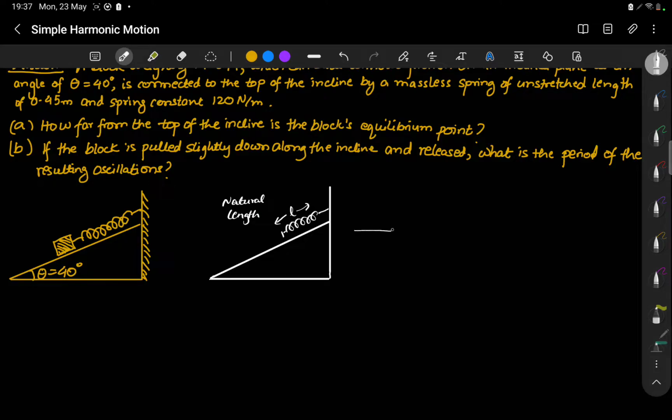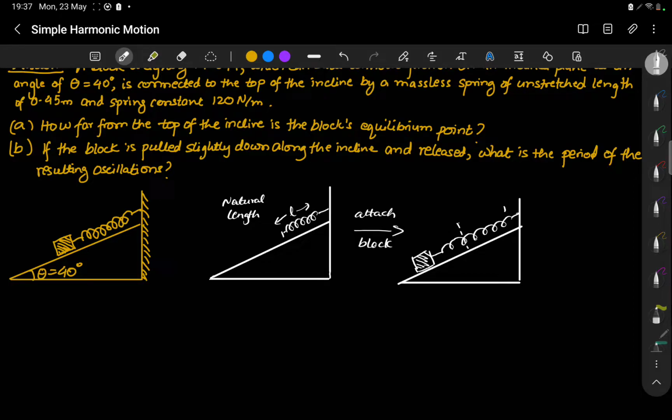Now when I attach the block, the spring will extend and the equilibrium position will change. This was the original natural length of the spring. So this is our natural length L.